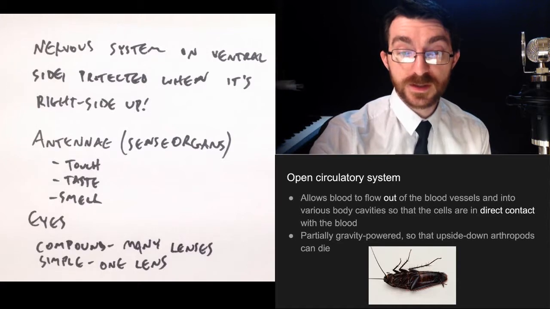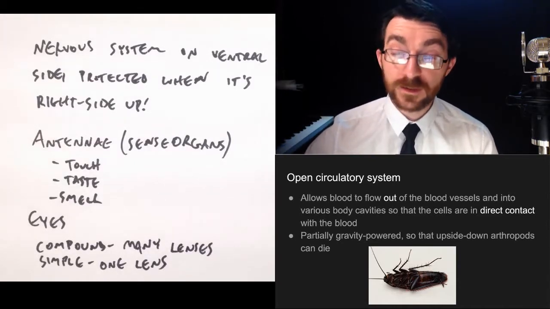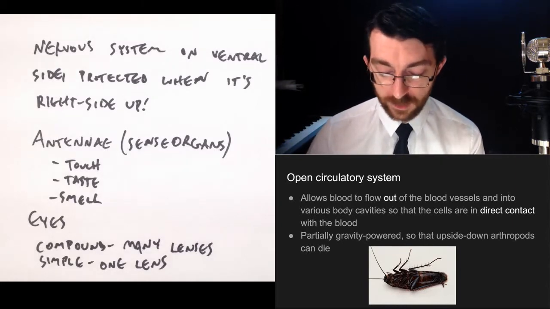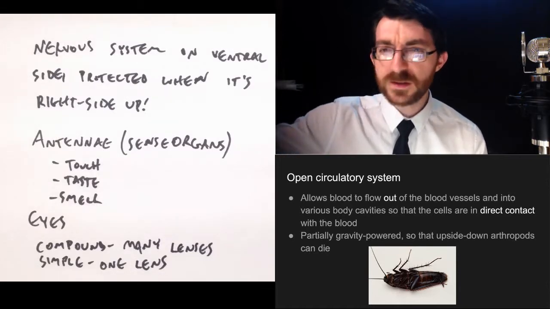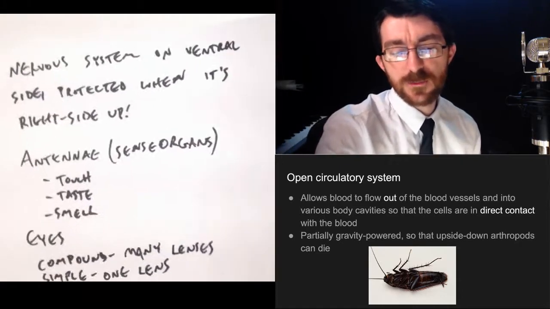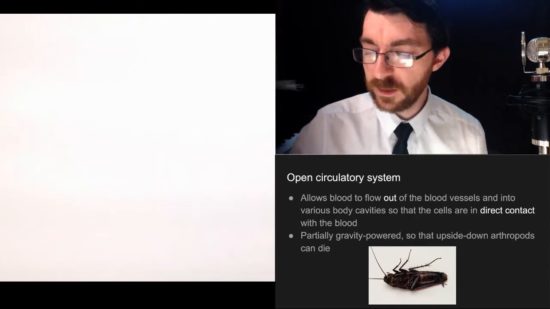All right, so there's sensory organs. How about their circulatory system? This is one that's very different from us, so it's quite fascinating. They have something called an open circulatory system. So you might think, okay, what's an open circulatory system? Sometimes the best way to understand something is by comparing it to its opposite. We don't have an open circulatory system.